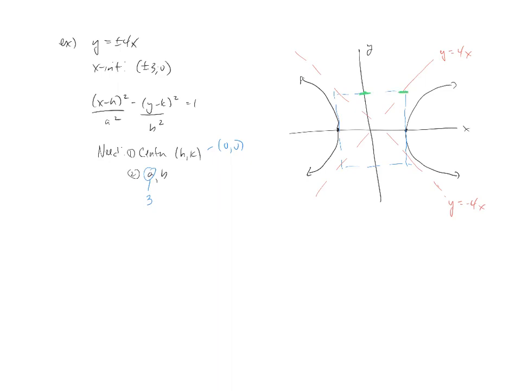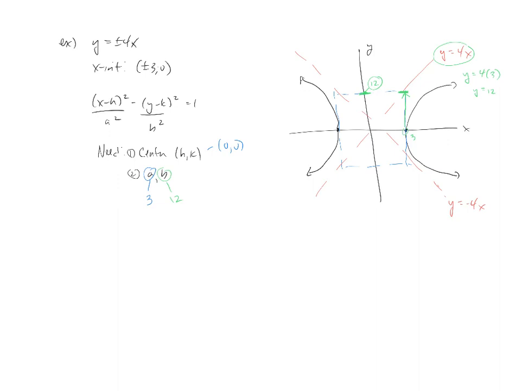So what I'm going to do is take the x-coordinate of 3, move up, and see what y-coordinate corresponds with that. Well, I'll go into my asymptote and say that if x is 3, my y is going to be 12. So this guy here is going to be 12, and that's our b.